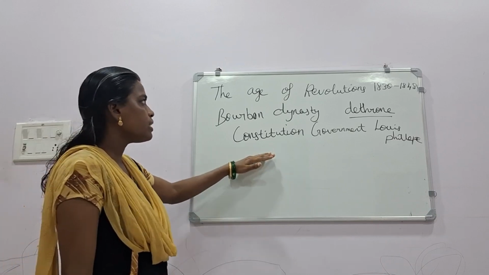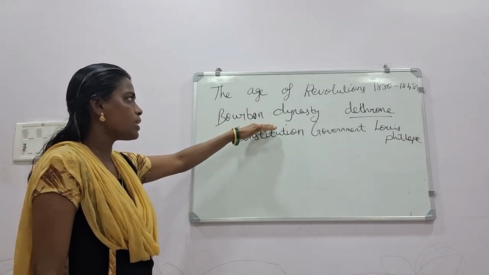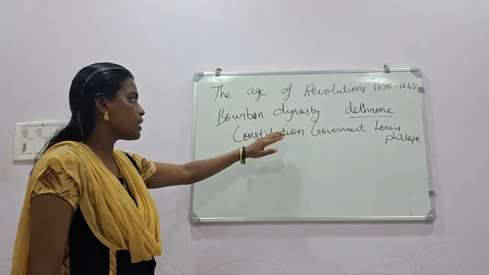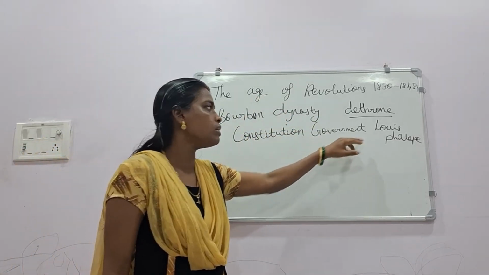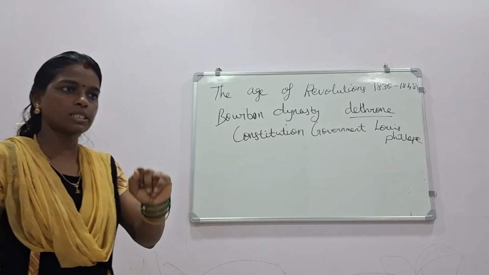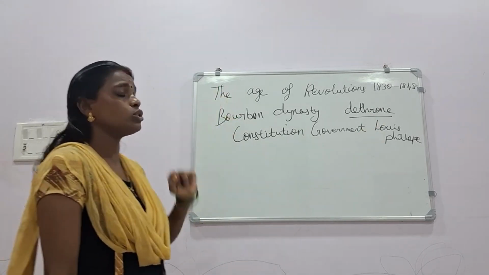Listen to me carefully. In the age of revolution, the Bourbon dynasty was dethroned. Instead of that, a constitutional government was set up. The constitutional government was under the control of Louis Philippe. This was the first condition which was set up under the age of revolution.